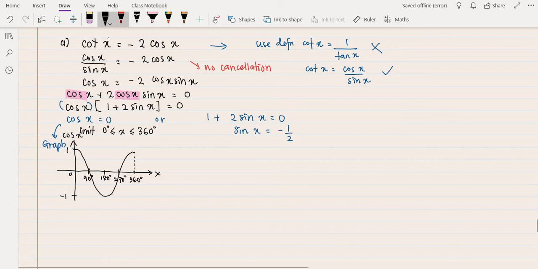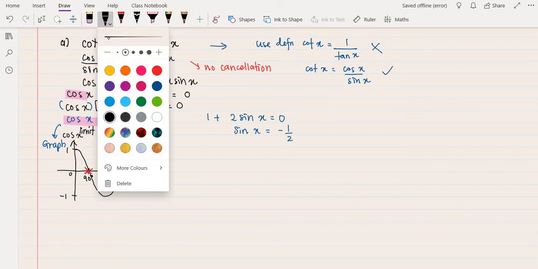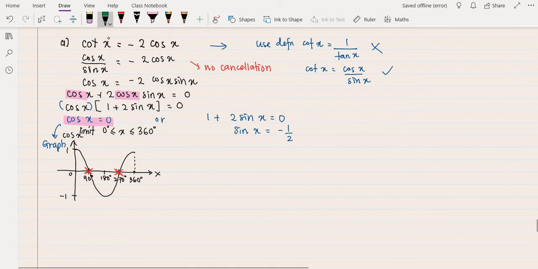So which one are we going to take? We have cos x must be equal to 0. So we have two places, which is x must be 90 and x must be 270 degrees. So let's just write up our solution there. So for the first part, x is equal to 90 degrees and 270 degrees. Now, let's stop there for the first part.